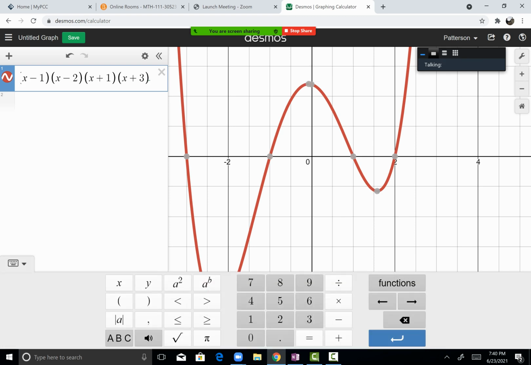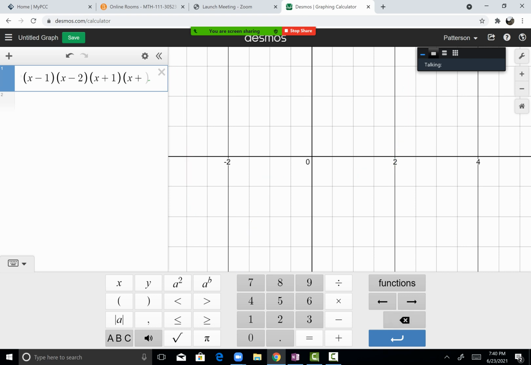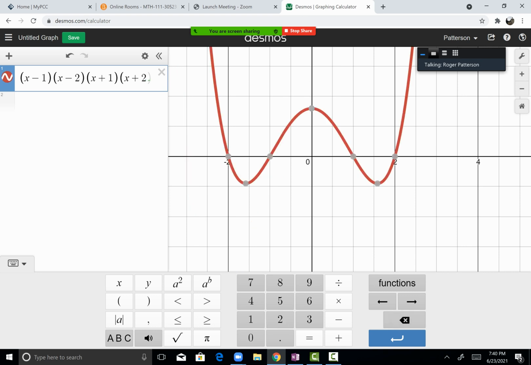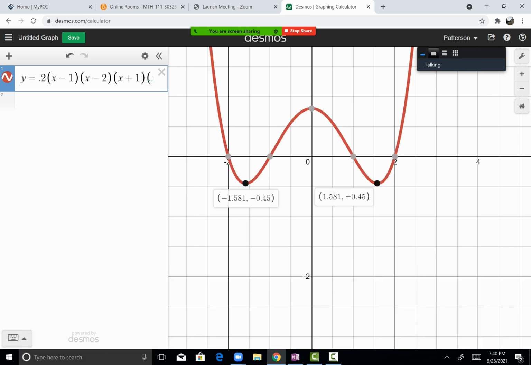So let me see if I can show you. All right, now here, I would agree with you. Those have to be absolutes because they're the lowest points. Okay, so there's nothing lower than that. So then those would be absolutes.